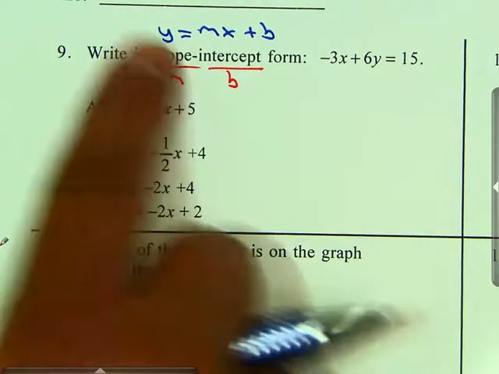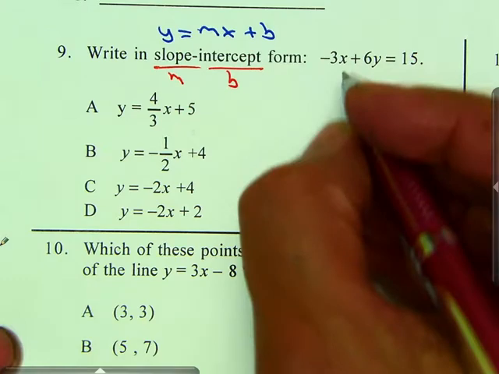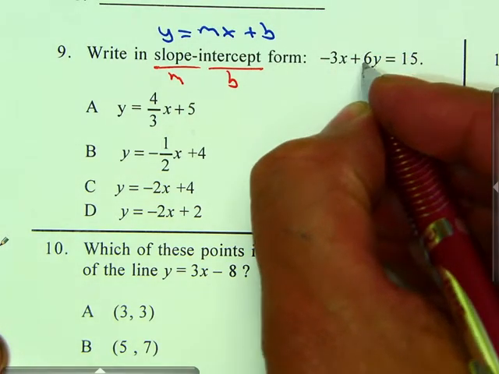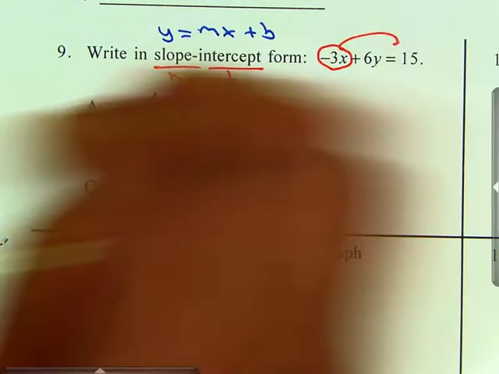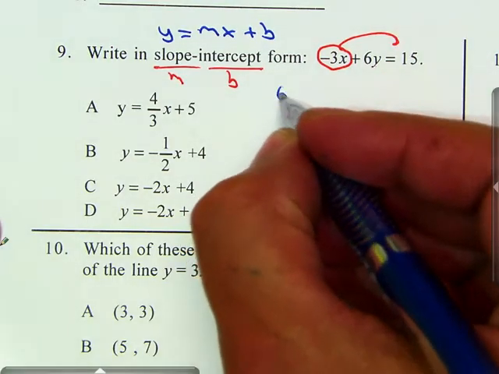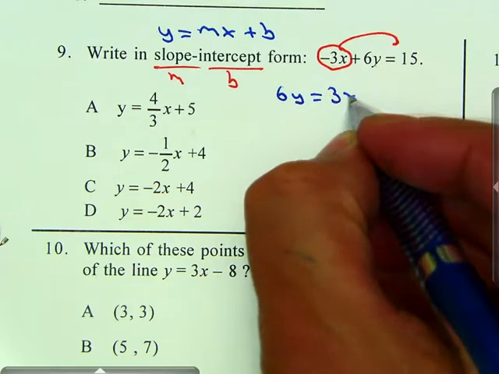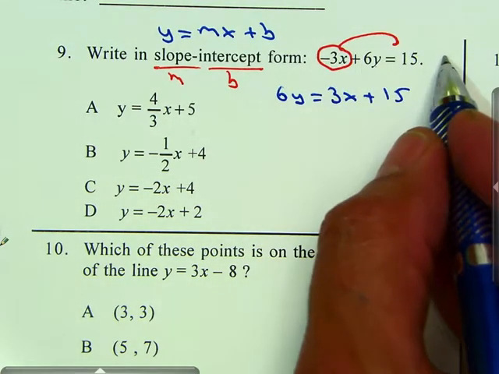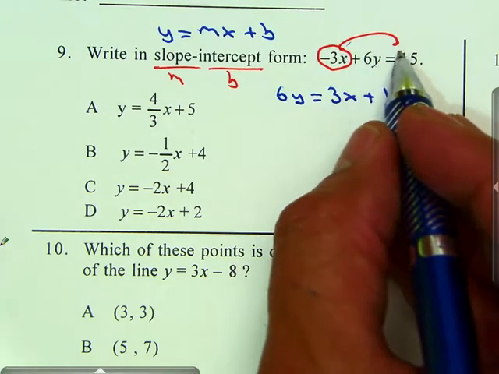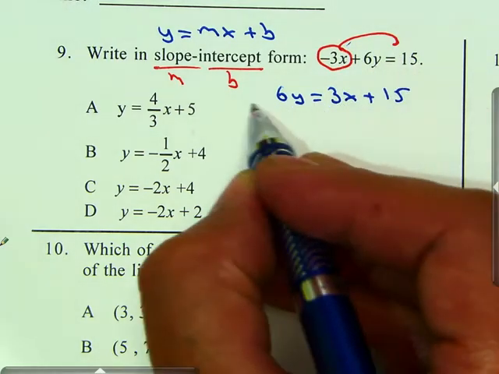So I need to solve for y. In order to solve for y, I'm going to need to leave the y by itself, so I need to get rid of the 6 and the negative 3x. I'm going to move my negative 3x to the right. A negative becomes a positive. And notice that to do so, I don't write it down right now, because I know it has to go before the 15. I do it on the next line.